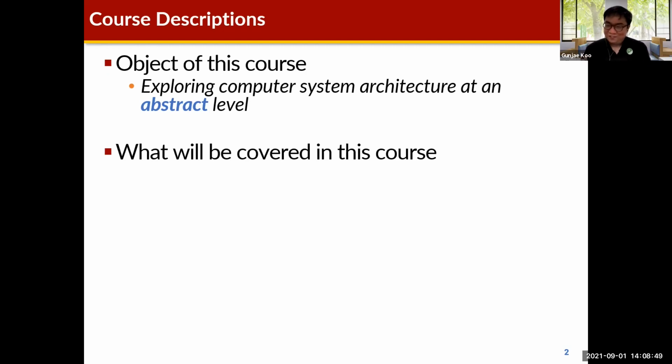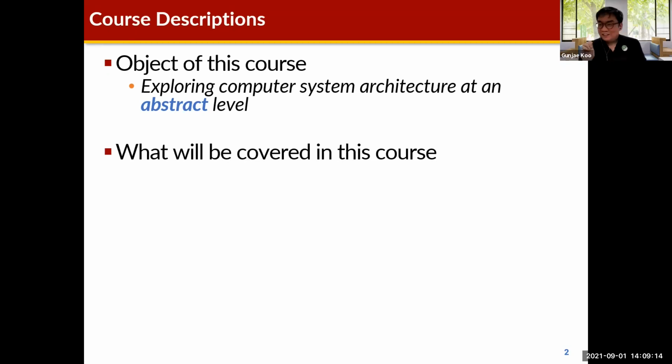It's very difficult, so we just understand the abstract level. That is the simplified view, where only some essential part is required to understand how the software works and how the computer system works. That is the kind of abstract.